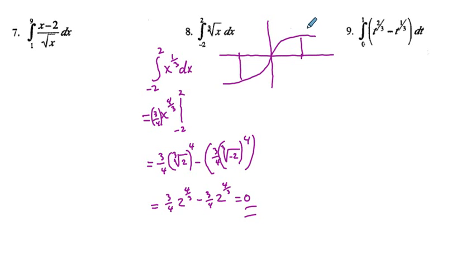This is going to be the cube root of x, so we'd say f of x equals cube root of x. So this area down here between negative 2 and 0 is the same as the area here between 0 and 2, but on opposite sides of the x-axis. So these areas will cancel each other out. So recognition of the type of function can sometimes lead to an easier solution.